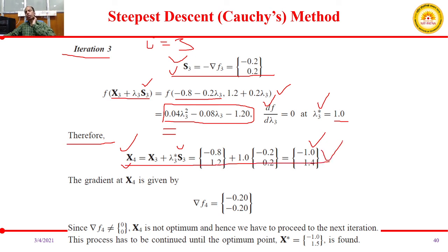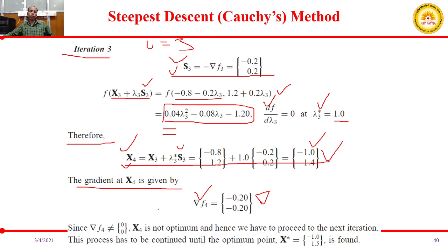And here you can see that after iteration number 3, you are getting the value of x4. And if you again check the gradient of the function at x4, you are getting these values minus 0.20 comma minus 0.20, which is again non-zero, not 0 comma 0.